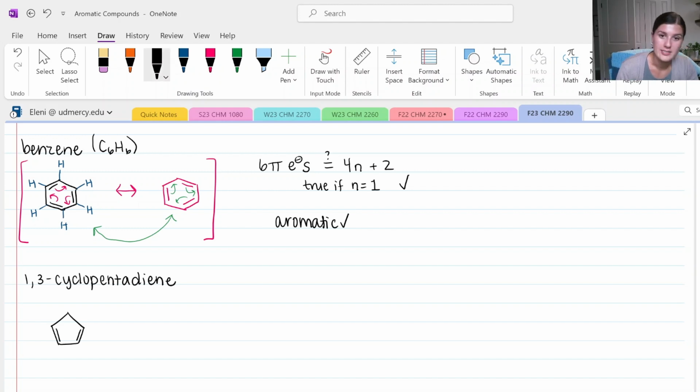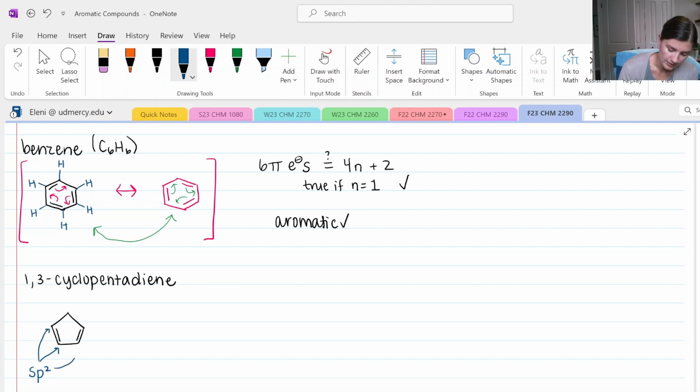So looking at criteria 1, do we have a cyclic arrangement of unhybridized p orbitals? We do have a ring, so we have a cyclic molecule, but if we label the hybridizations of each carbon atom, I'll write sp2 in blue here.